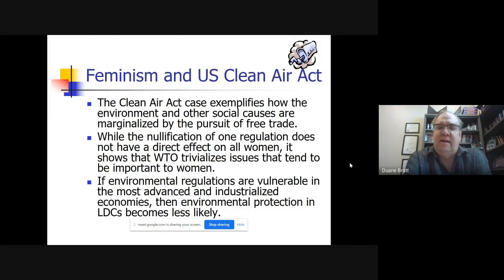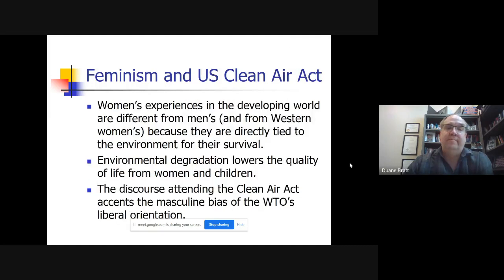They also note that if environmental regulations can be changed in the United States and other advanced economies, it's going to be even tougher to bring in environmental protection in less developed countries. They note that the female experience in the developing world is very different from the male experience, but also from Western women's experiences, because they are directly tied to the environment for their survival.